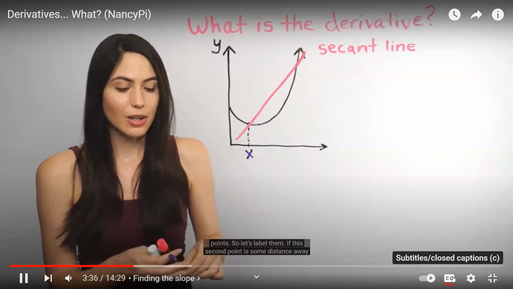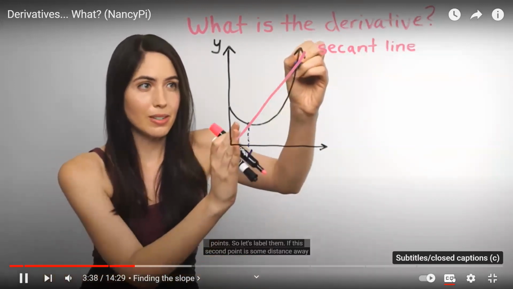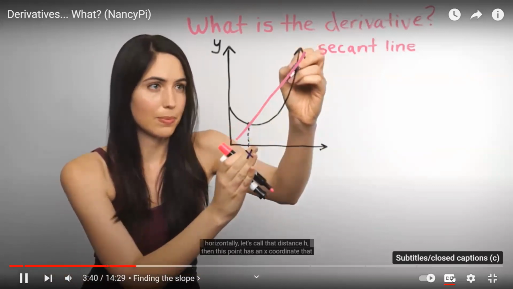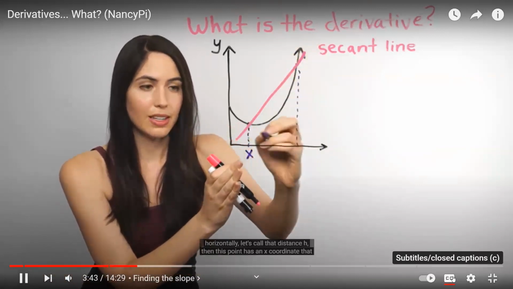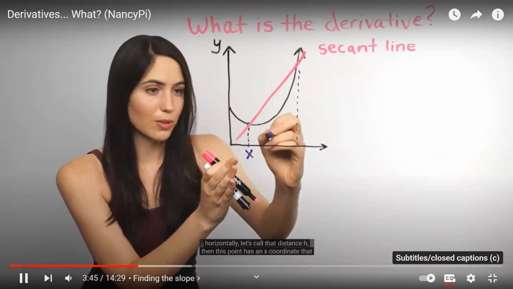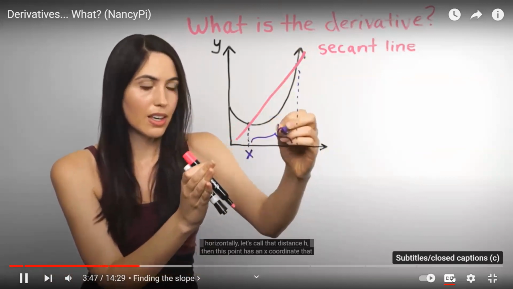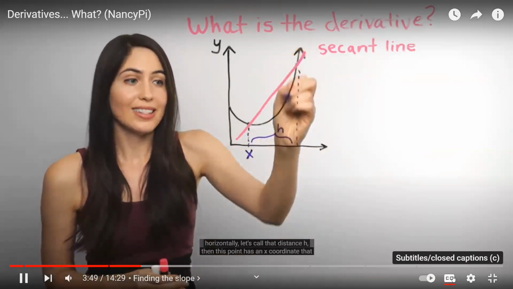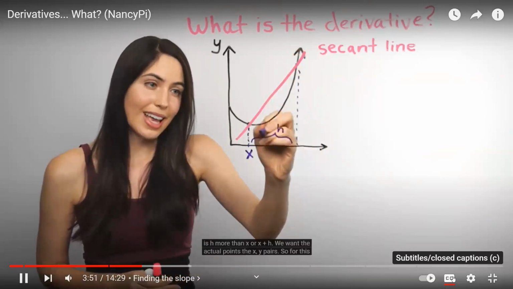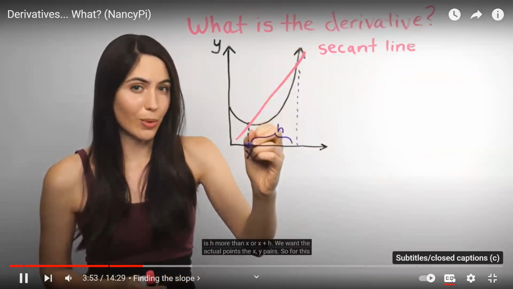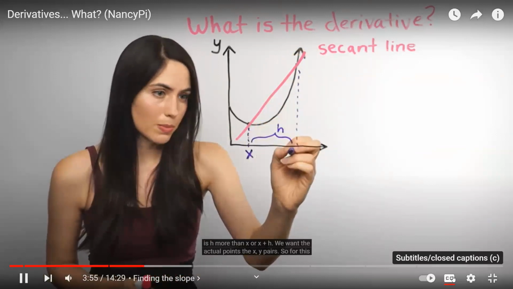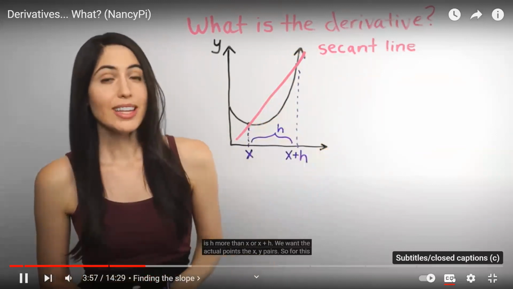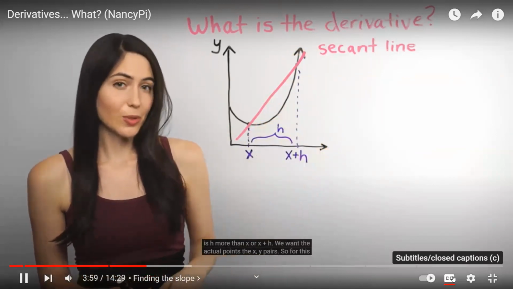If the second point is some distance away horizontally, let's call that distance h. Then this point has an x coordinate that is h more than x, or x plus h. We want the actual points, the xy pairs.